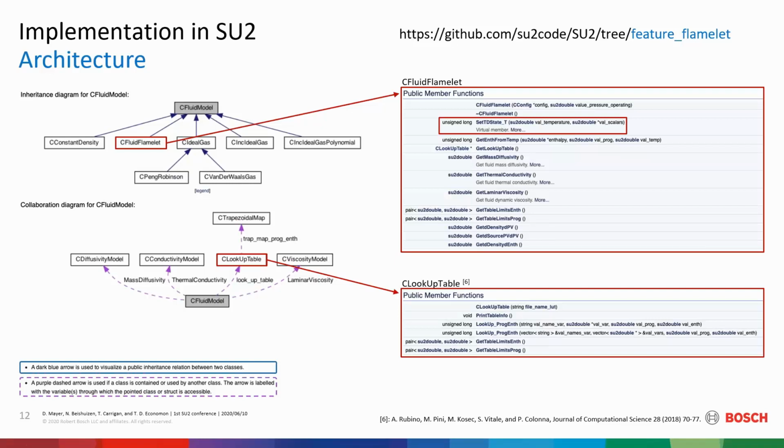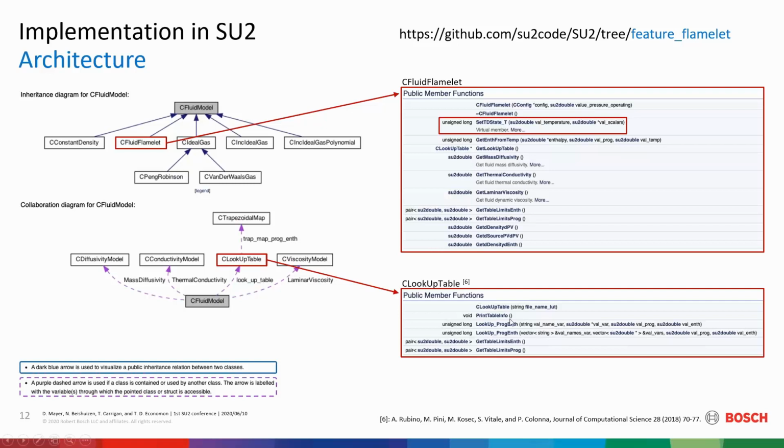It's very easy to use, and it's also implemented generically, so we hope that other people can pick this up, not only for reactive flows, but also for other physics. I know that Matteo is using it for real gas models, but maybe there are also other applications for it. There's just this constructor which only gets the file name as an argument, and it will build up the whole lookup table structure internally.